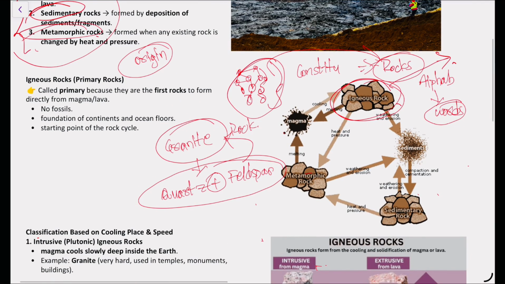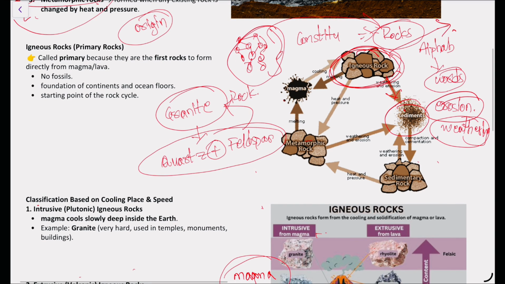So what happens in the case of igneous rocks? When these igneous rocks undergo erosion or weathering, sediments will form, right? And these sediments under compaction and compression will form the sedimentary rocks.